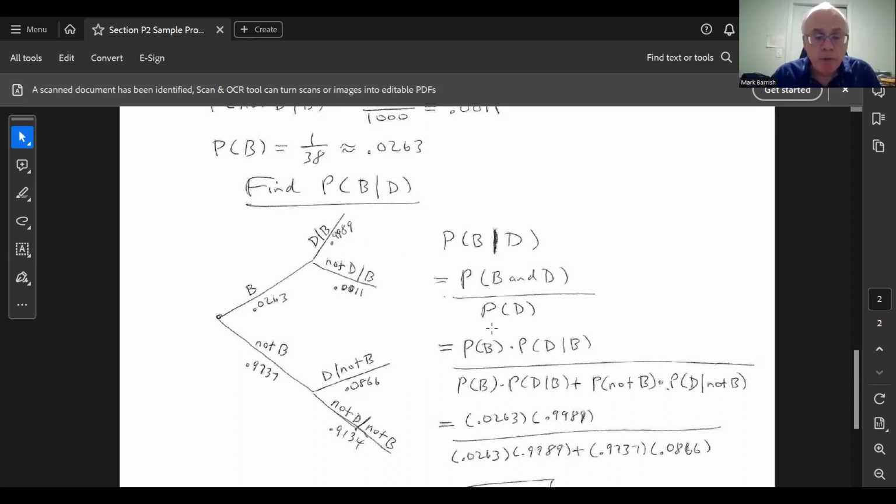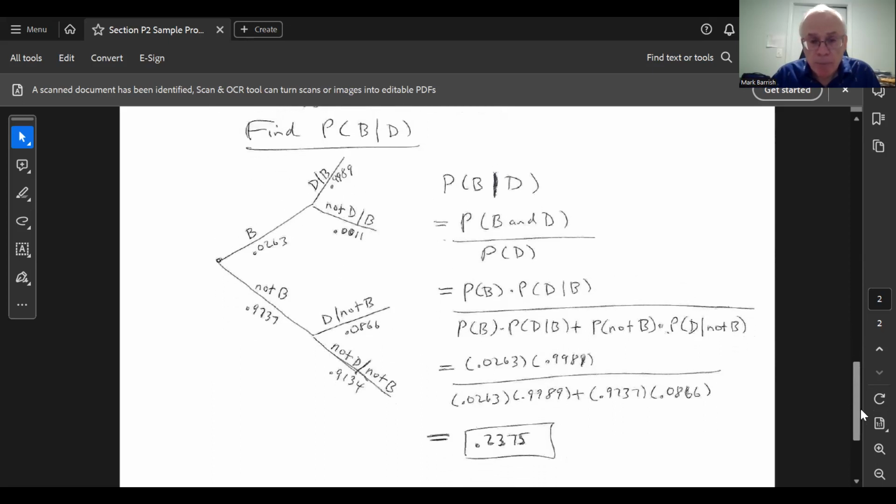And the probability of D would be the sum of that number plus the probability of not B and D given not B. So if you multiply 0.9737 times 0.0866, and add that number to the number up here that you put in your numerator, that gives you your denominator. I showed you Bayes' formula and multiplied everything out.